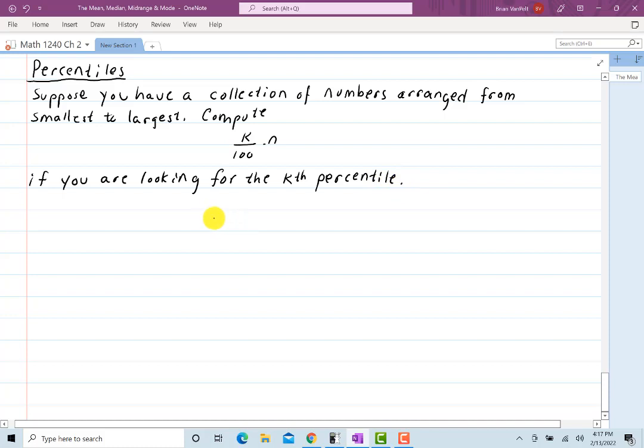So we take a look at this thing here, K over 100 times n. This equals either a decimal or a whole number.